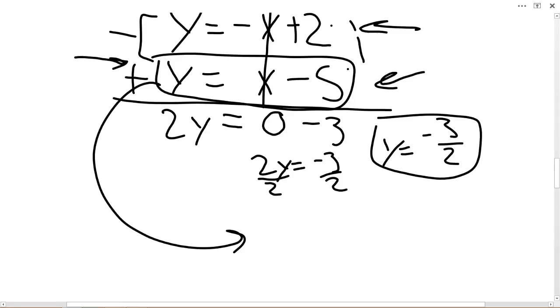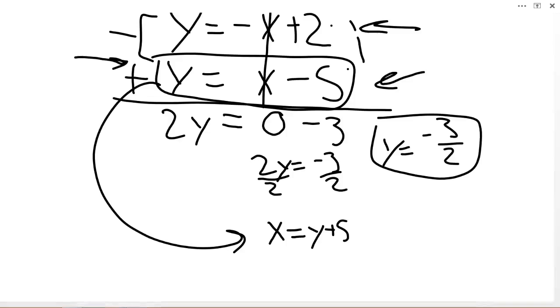I'm not going to go through the math, but if I rearrange it, my equation should look like x equals y plus 5. You guys know how to rearrange equations by now. So x equals 5 plus y. This is the same as the second equation, just solving for x.